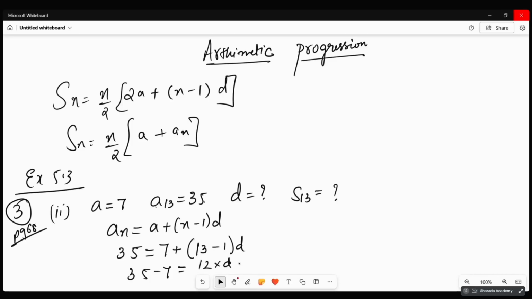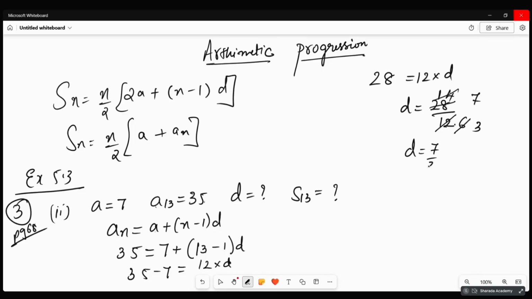So what is 35 minus 7? It is 28. So 28 is equal to 12 into d, or d is equal to 28 by 12. Divide by 2, it is 6 here, you get 14. Divide by 2 again, you will get 7 by 3. So d is equal to 7 by 3.